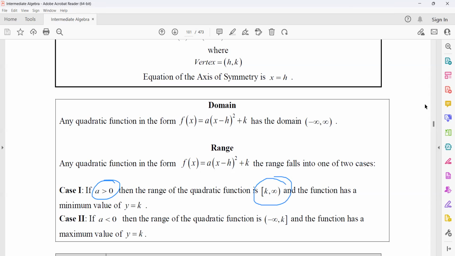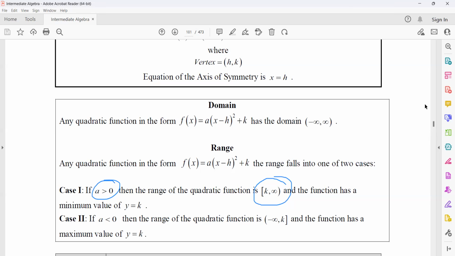And what about case 2? So case 2 is when a is less than 0, which means a is negative. Then the range is going to be from negative infinity to k. Again, the function will have a maximum value k, or y equals k.